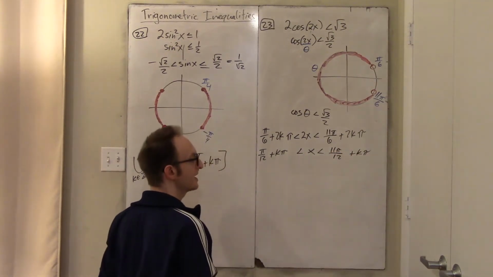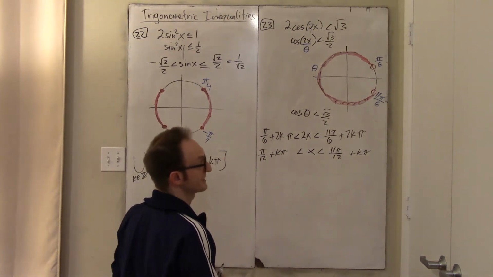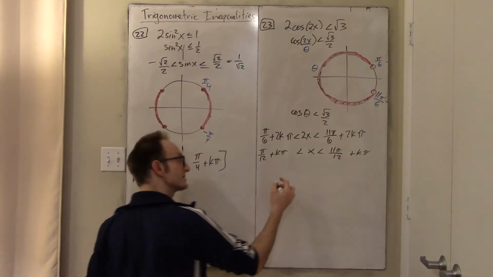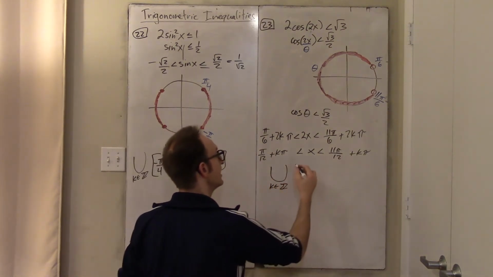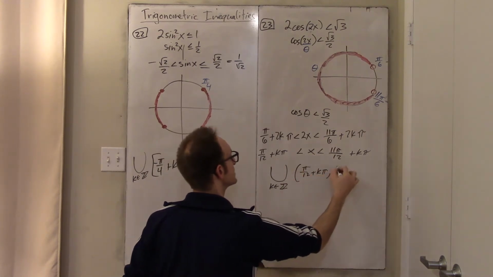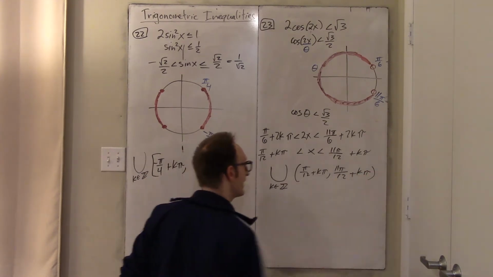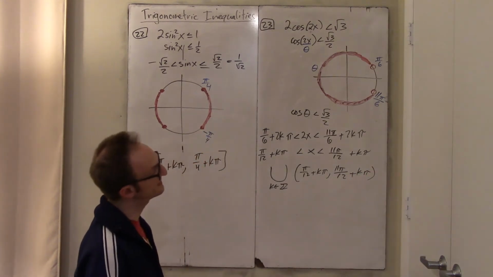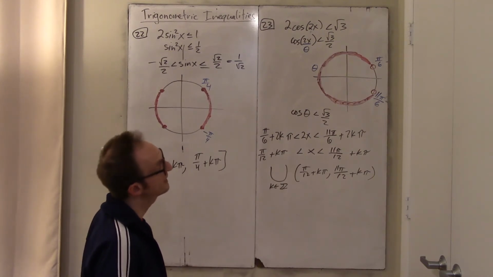And so that's it. There's the answer: everything from pi over 12 plus k pi to 11 pi over 12 plus k pi. But this is an example where, had you been a little less careful, you could easily get this problem wrong.